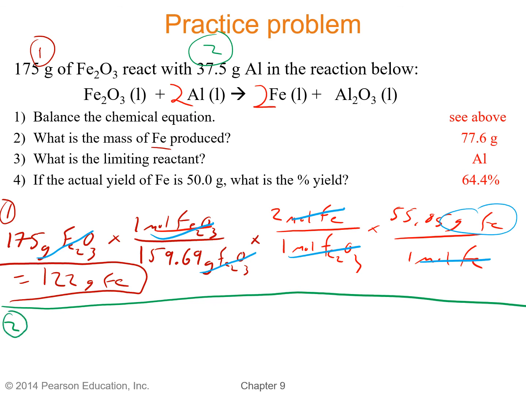So we start exactly the same, 37.5 grams of aluminum.